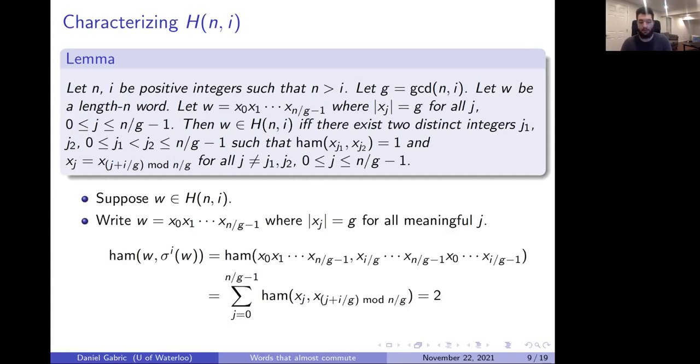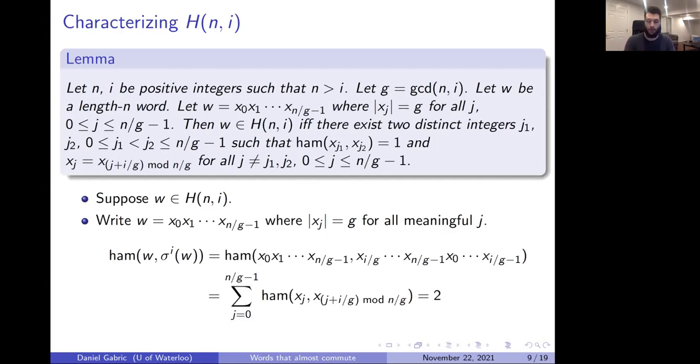And we get that in this Hamming distance, if we look at W, each index of the x parts, so 0 to n over g minus 1, it maps, so each index j maps and gets compared to x_{j + i/g mod n/g}.